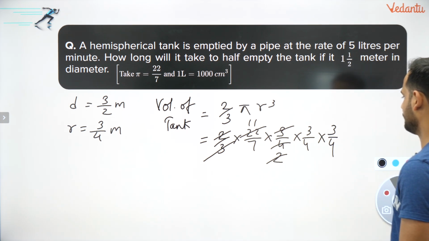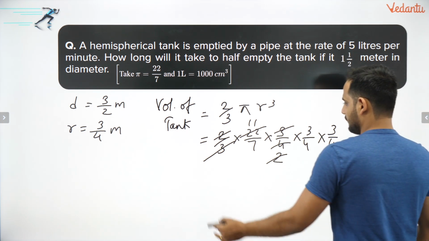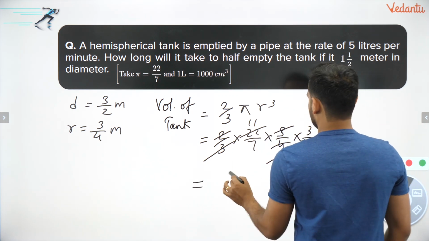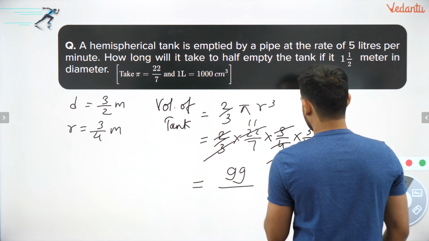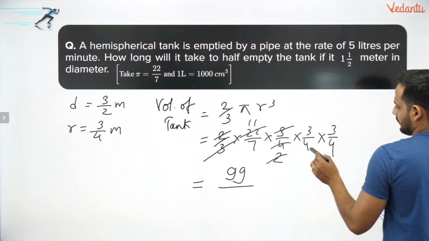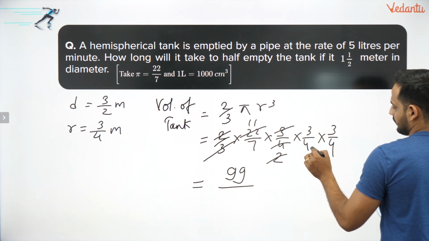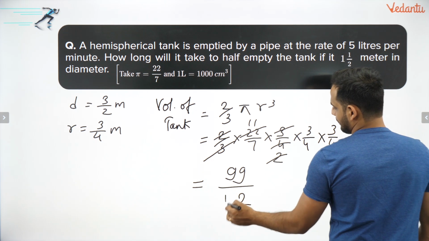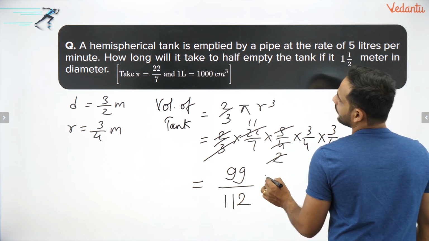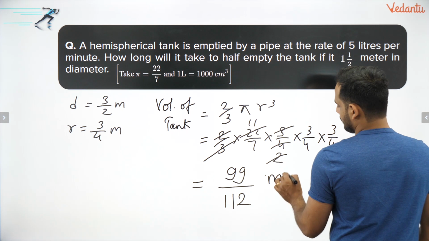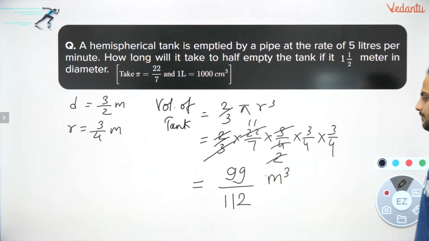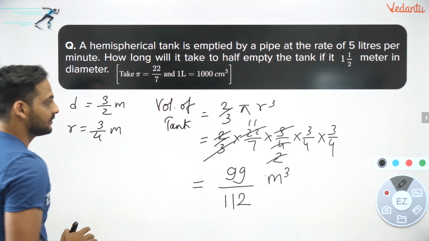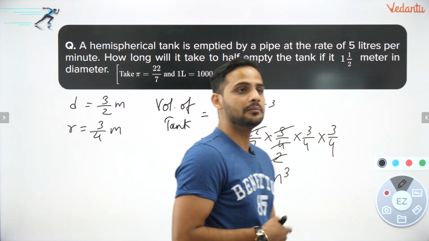So you are left with 11 into 3 into 3, so 99 upon 112. This is in meter cube. This much is the capacity in meter cube.